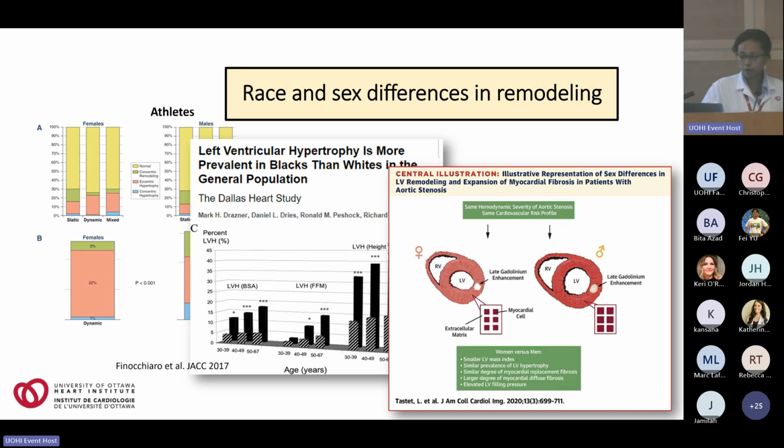And men were found to have more focal fibrosis with more dilated or eccentrically remodeled hearts. Why are there different compensatory responses of the LV in response to these different physiologic and pathologic loading conditions? Well, there are several hypotheses, but the exact mechanism behind these differences is not exactly known.